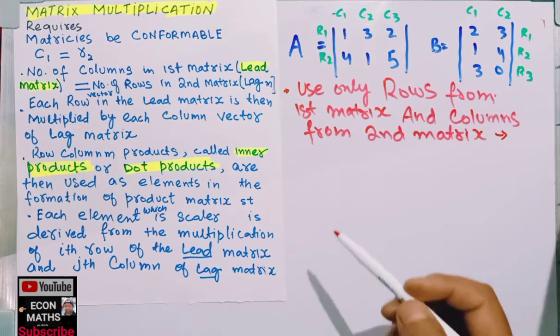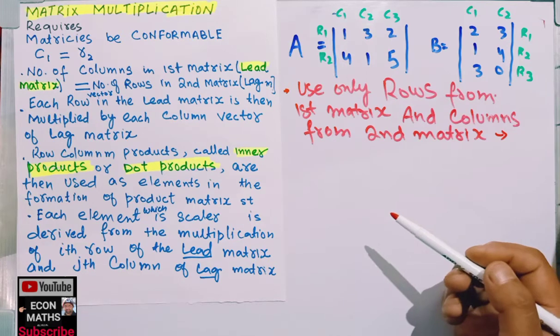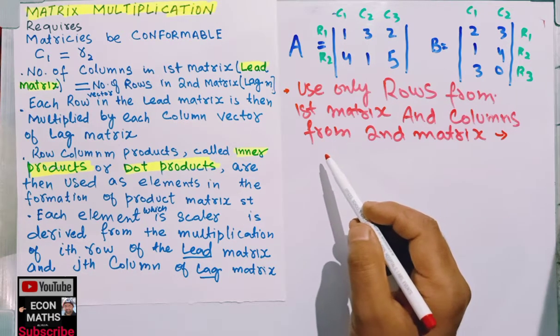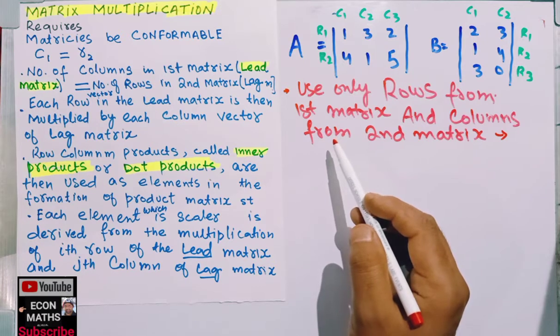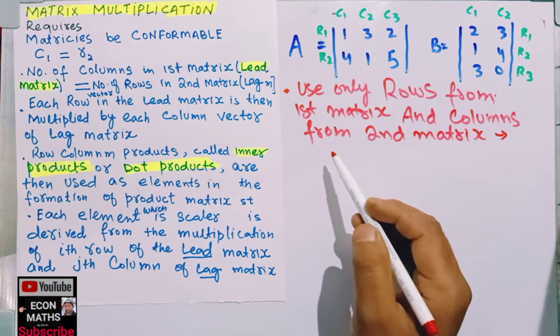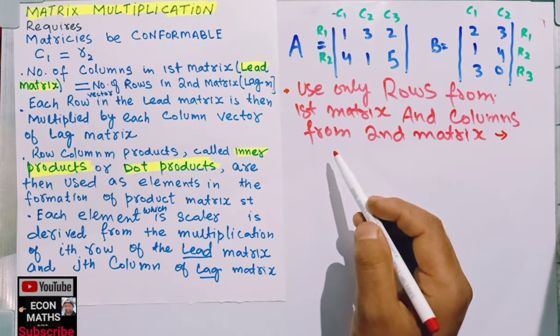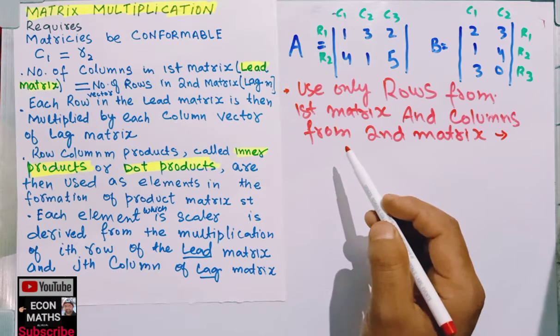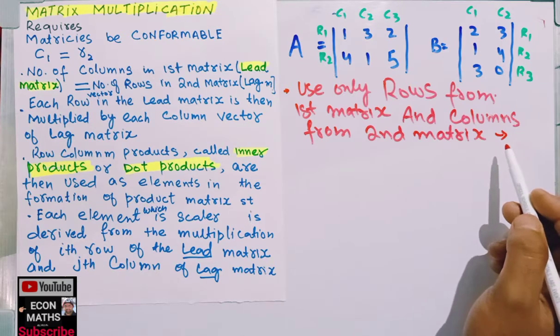Making sure that we use only rows from the first matrix and columns from the second matrix, the matrix multiplication is done by first taking a row of the first matrix and multiplying it by a column of the lag matrix to find the first element.